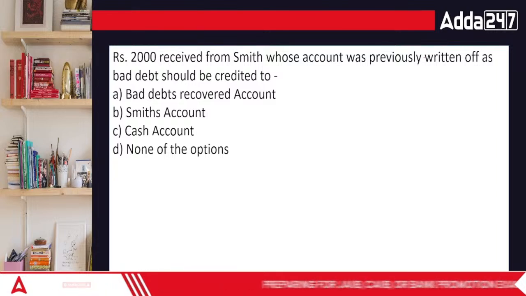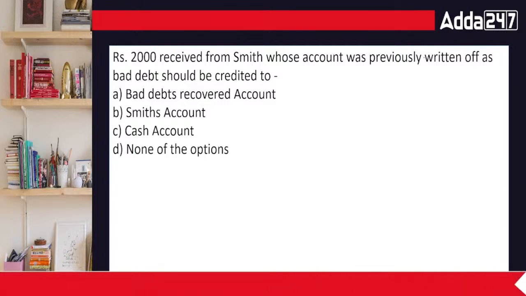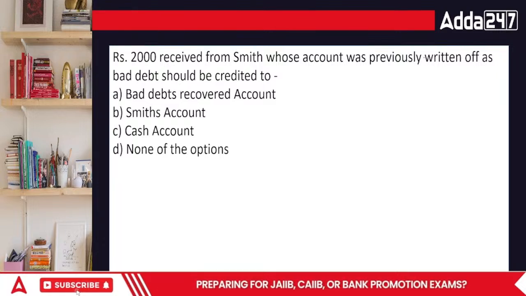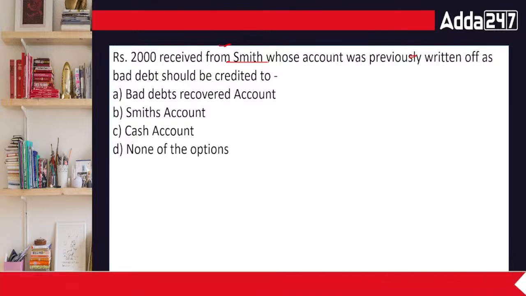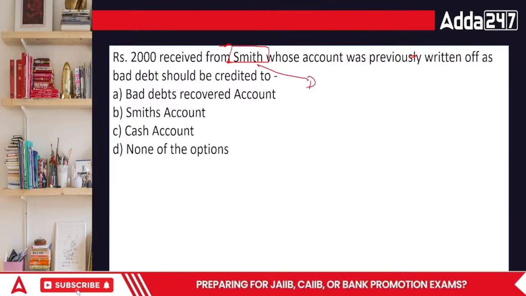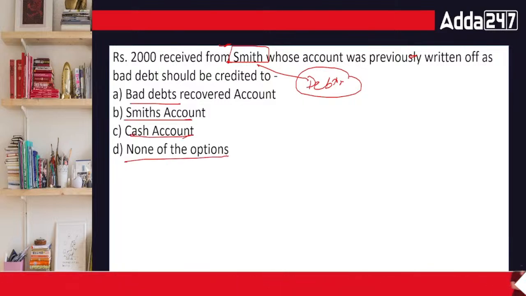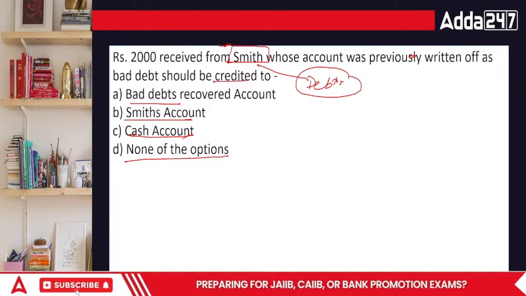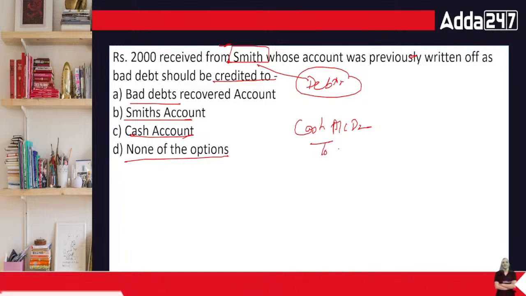In this case, what will happen? The bad debt is recovered. That means we thought that this person was gone, that's why his name from the debtor list was removed. Now he's saying that we should get it. So bad debts recovered, Smith, cash, or none of the above. We're looking at the credit account. We have got cash, obviously debit what comes in, but at the same time we have received an income.